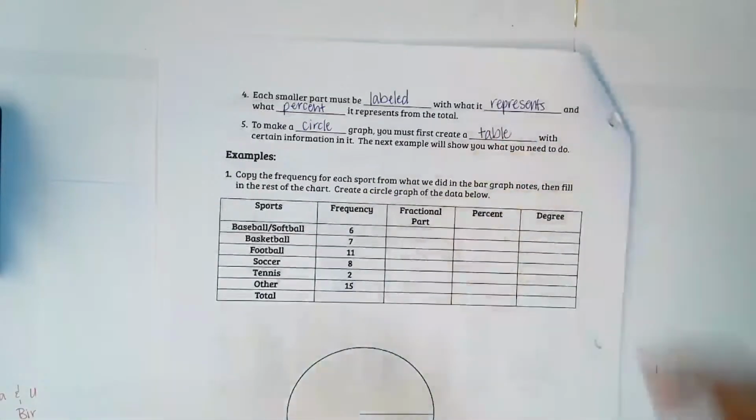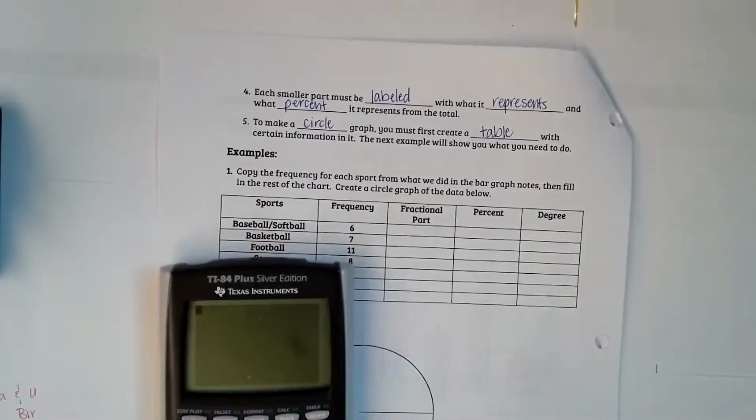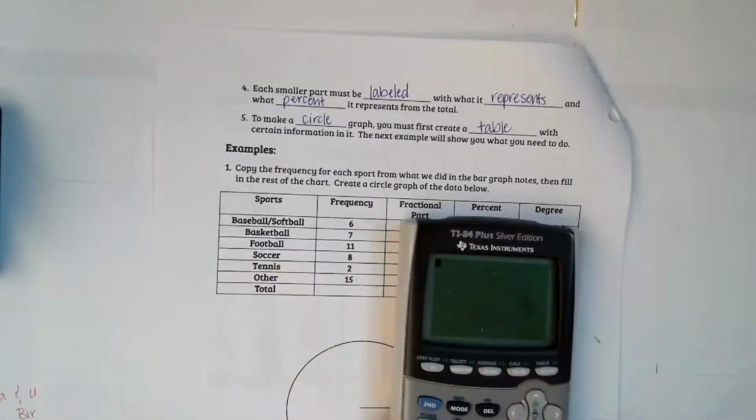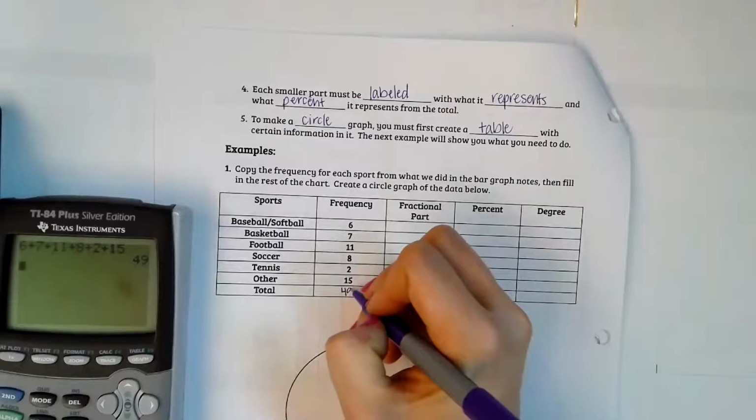You would add all of those up: 6 plus 7 plus 11 plus 8 plus 2 plus 15 is 49. So this is out of 49.